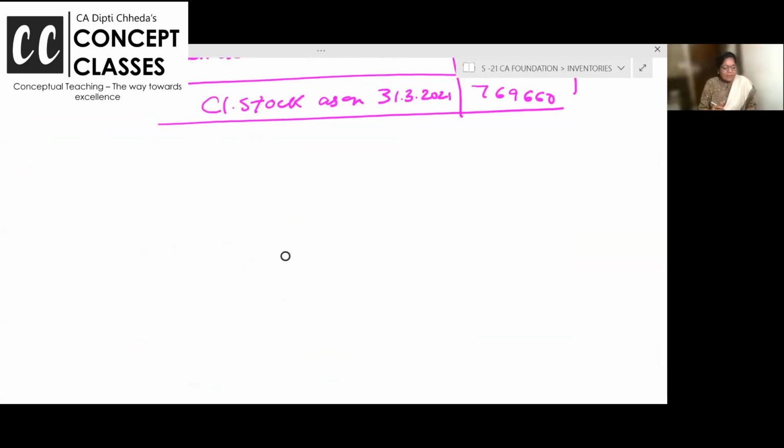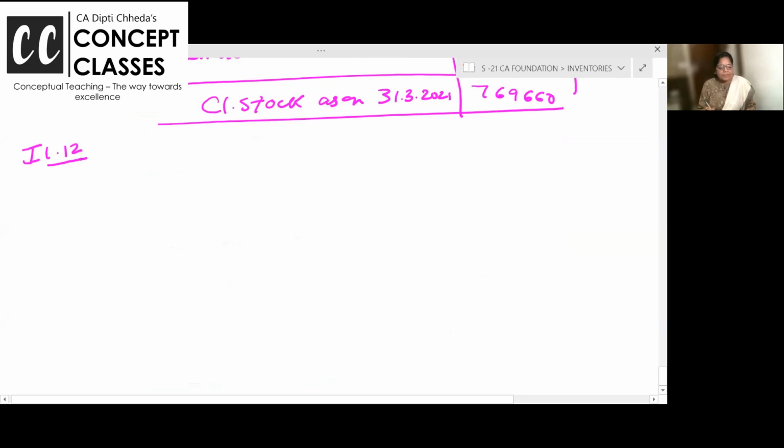Cost is 10, but NRV, market value, is less. Like when iPhone 15 comes, the prices of 12 and 13 will drop down. So you have to take that loss also into consideration. So that is one added item we will do in the 12th problem right now in class.